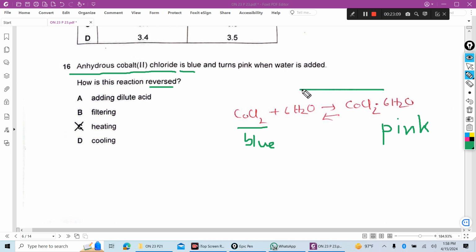If you give heat, this hydrated cobalt chloride breaks down to produce anhydrous cobalt chloride and 6 mole water. So the answer will be heating. This reaction can be reversed by heating.